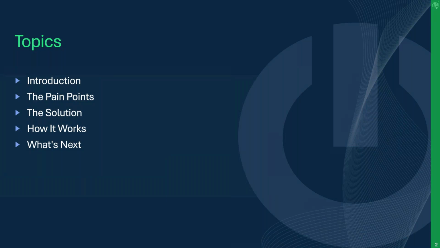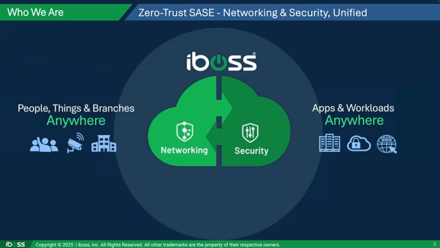We'll talk about some of the pain points around SD-WAN that customers are facing today, what our solution looks like to address those pain points, how it works, how we implement it, some of the use cases, and right at the end I'm going to give you a sneak preview into our next release as well, because there are some exciting things coming along. So let's jump straight in.